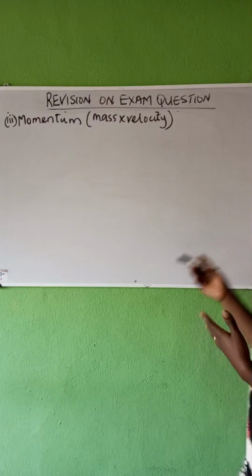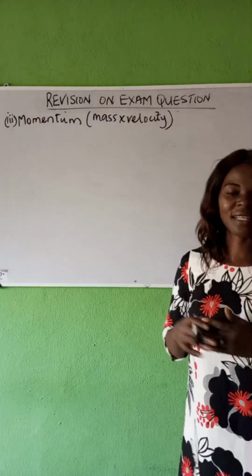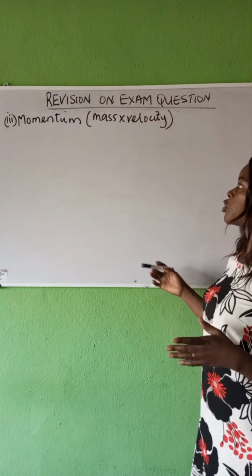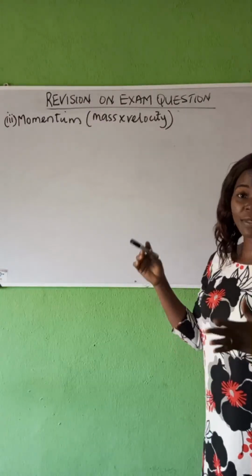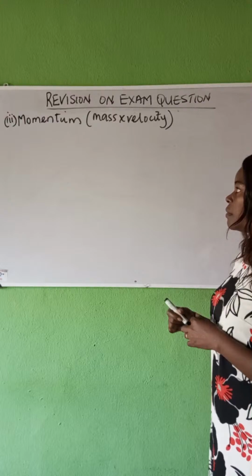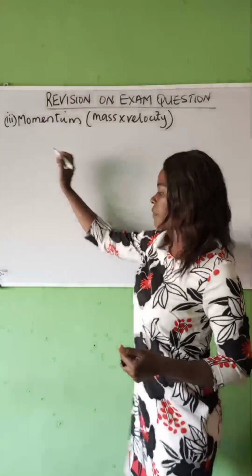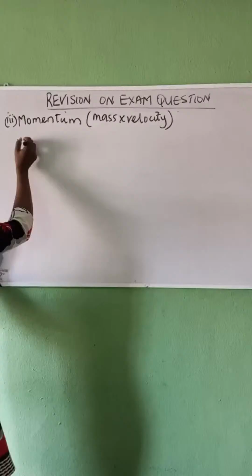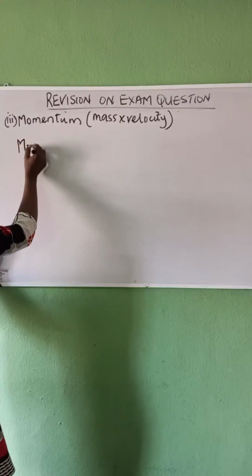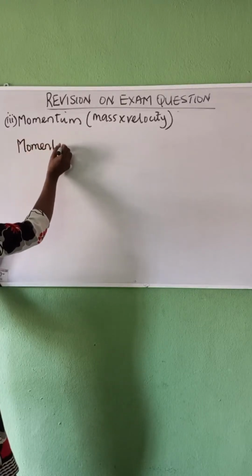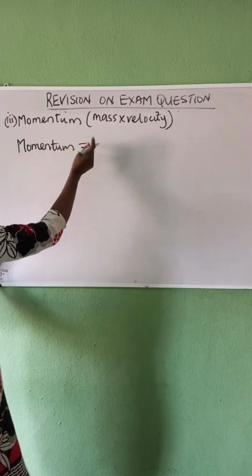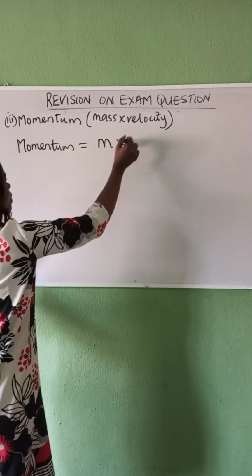All right, so the next thing we are going to look at is momentum. Now, what is momentum? Momentum is defined as mass times velocity, okay? Mass times what?